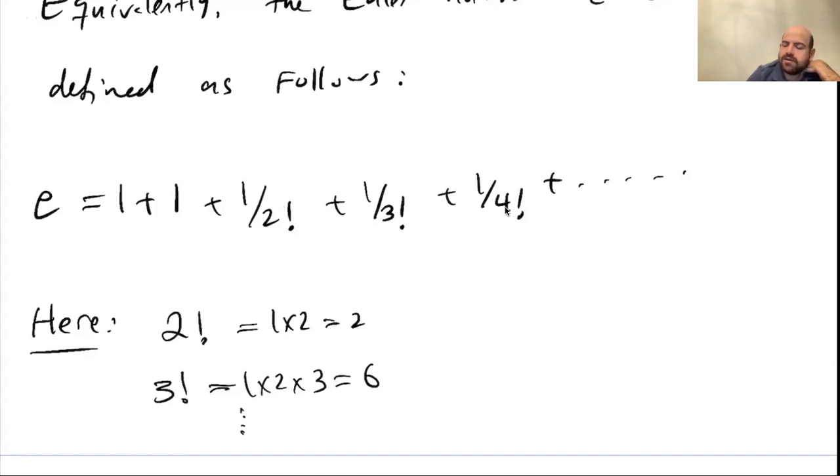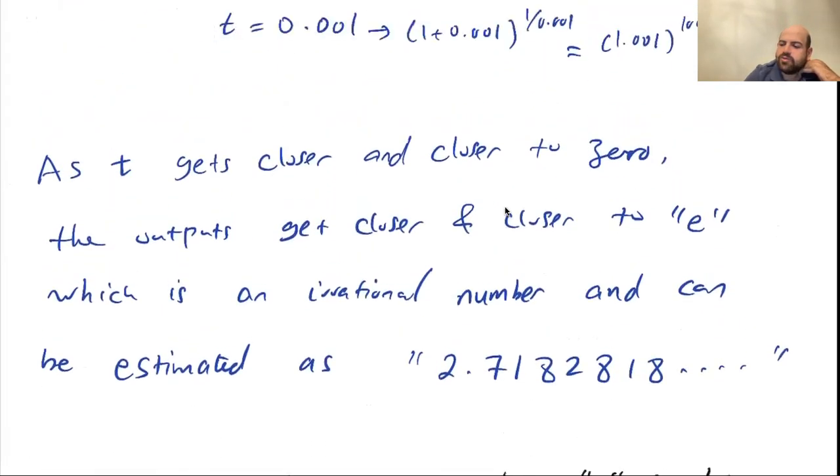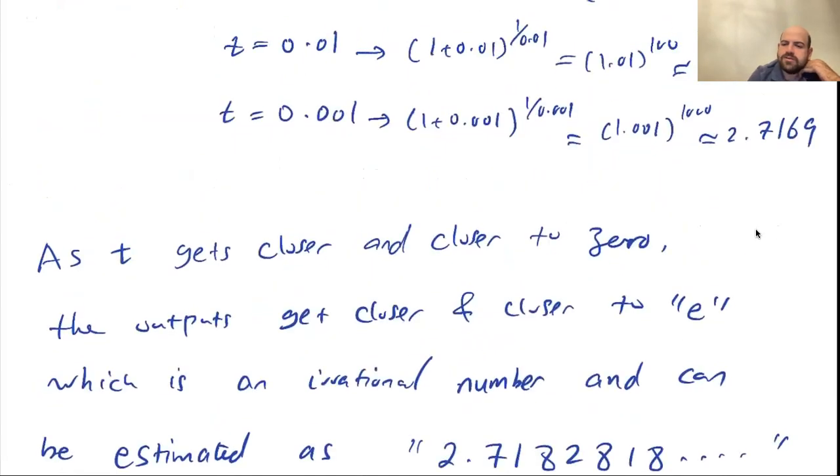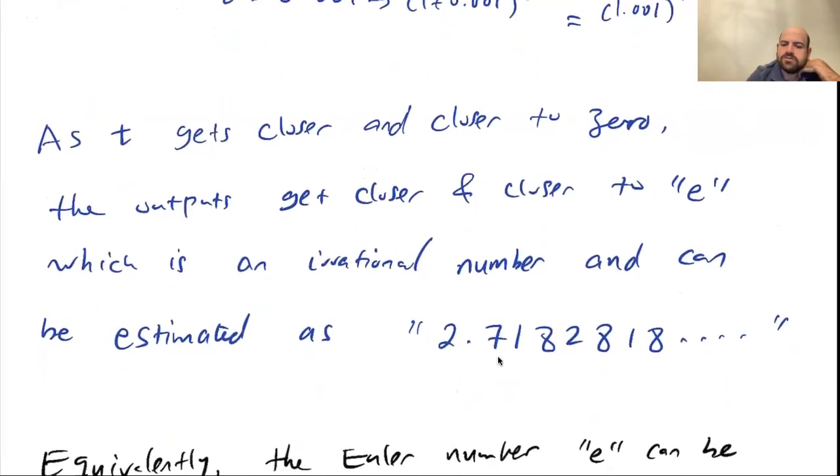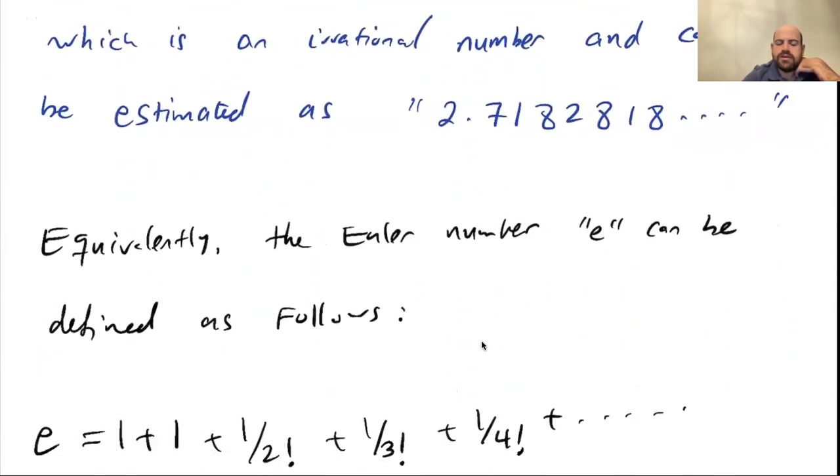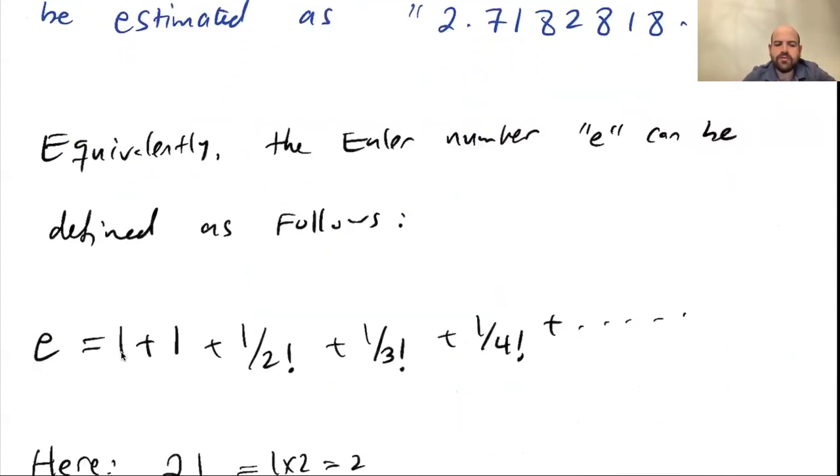So if you add these numbers, you will see that the outputs get closer and closer to this number E, which is almost 2.72. At the beginning you're at 1, then at 2, and then 2.5. So 2.5 is already almost close to 2.72, but not very close. But once you add 1 over 6, you will see that the answer gets closer to 2.72. Still not there, but closer.